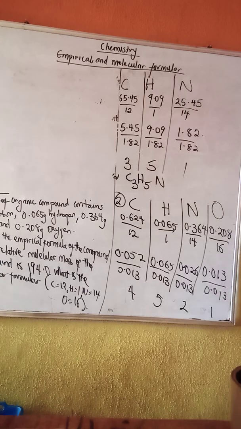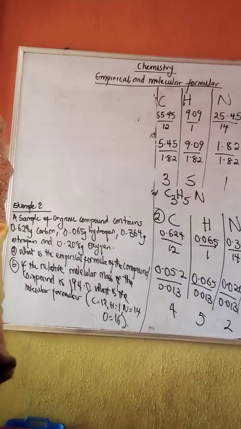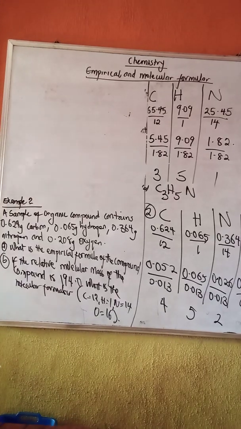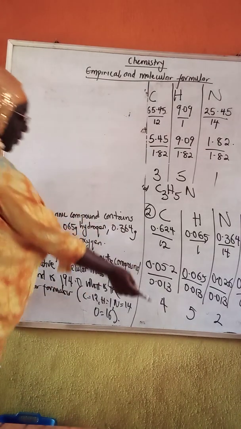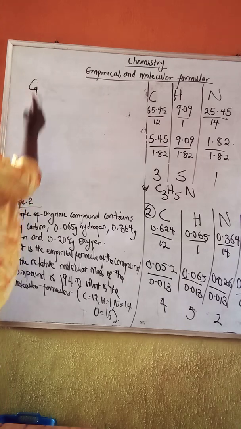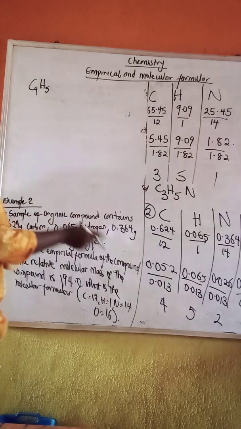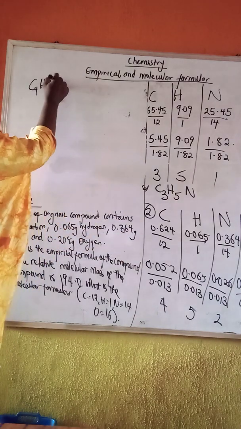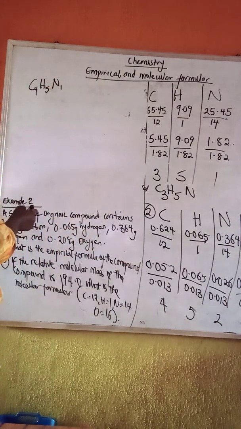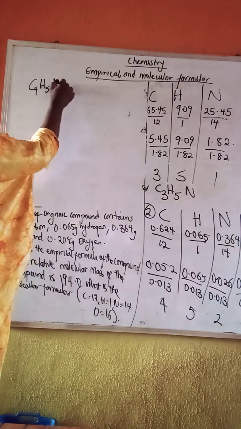So let us write out the empirical formula first. Carbon is 4, C4. Hydrogen is 5, H5. N is 2, N2, and our O is 1.